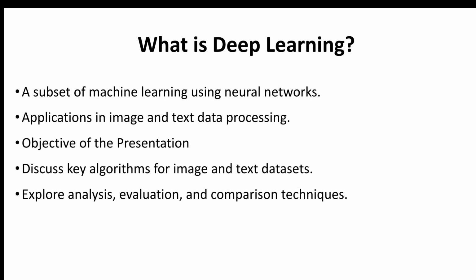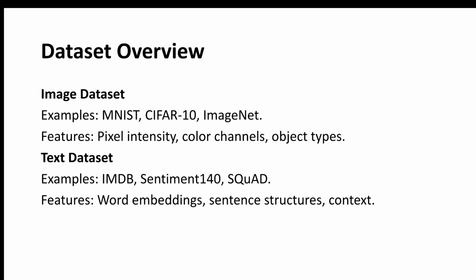These are the applications where we can use deep learning algorithms for image as well as text datasets. The objective of this presentation is to discuss the algorithms for image and text datasets and explore the analysis, evaluation and comparison techniques using deep learning algorithms.